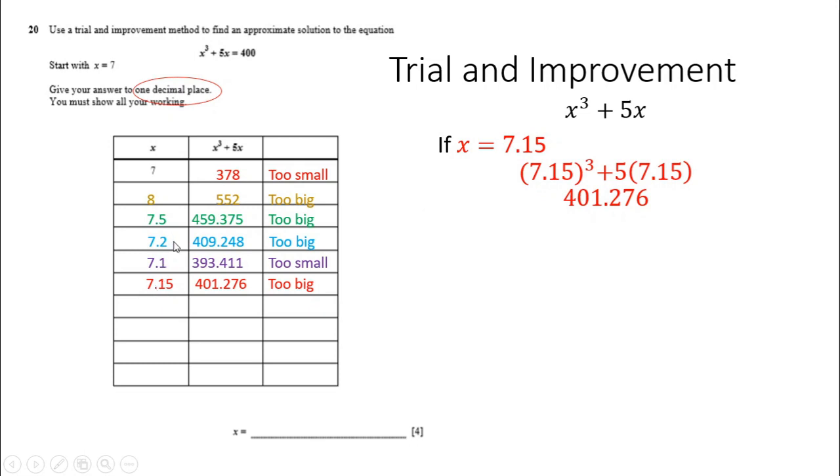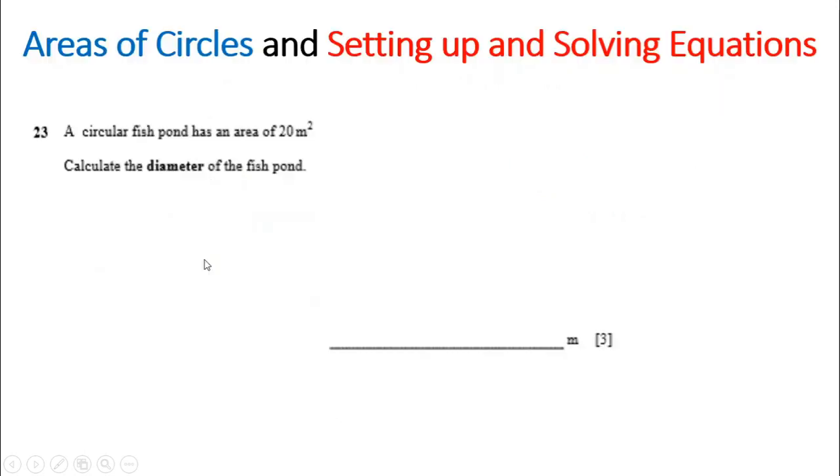That will still be too big. So it's going to be something smaller than halfway, so it rounds down to 7.1. So my answer, x must be 7.1 to one decimal place. I know it's not the exact answer, but it is the correct answer to one decimal place, as close as we're going to get. Next question.